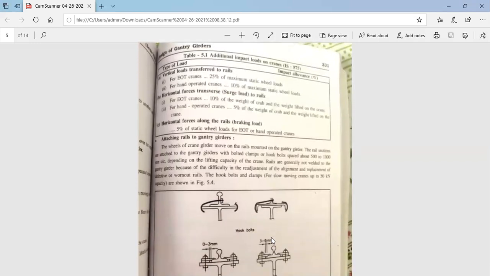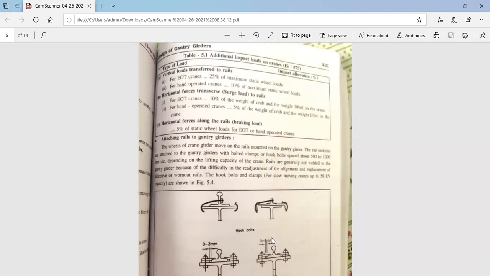Here, table number 5.1 is given, with types of load and impact allowance in percentage. For vertical load transfer to the rails, for EOT cranes it is 25% of maximum static wheel load. For hand-operated cranes, it is 10% of maximum static wheel loads.